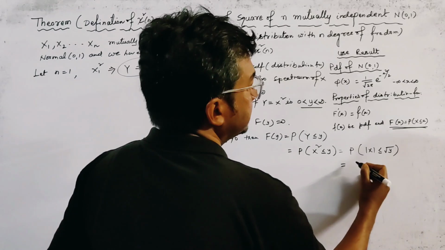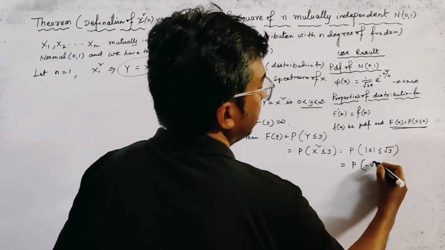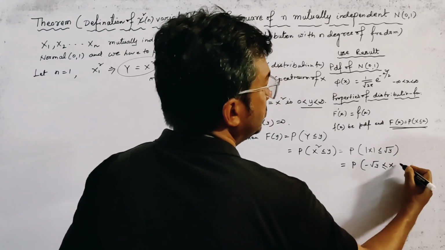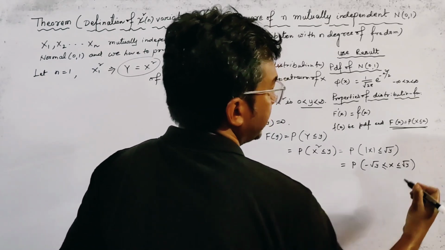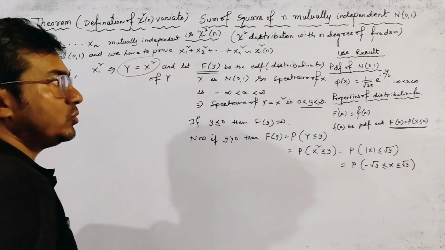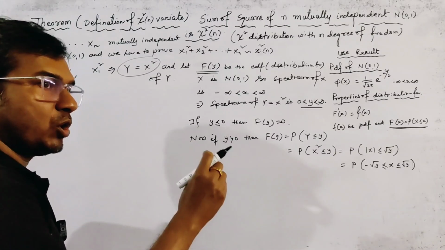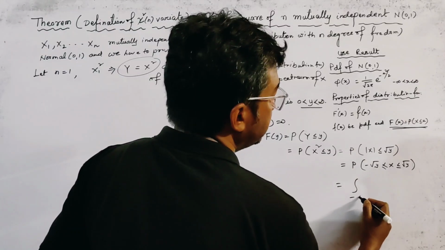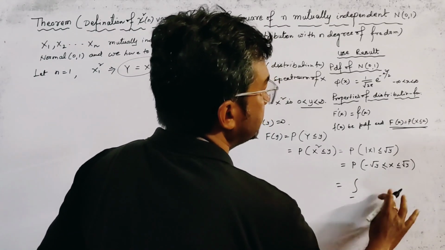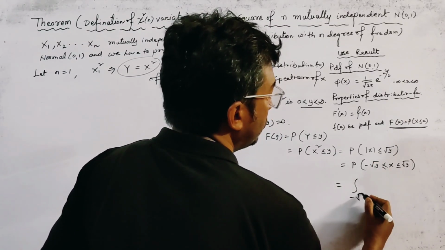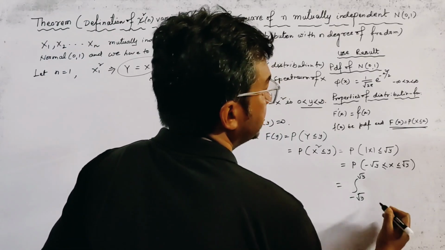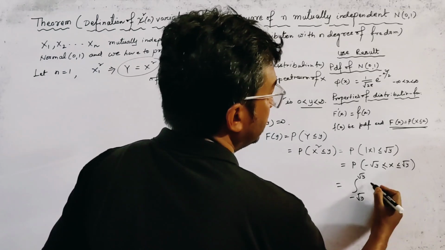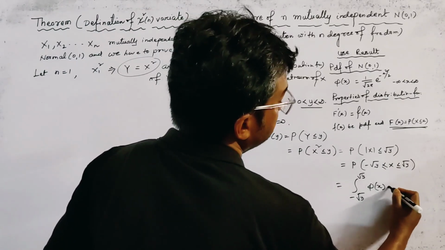And this implies the probability of minus root y less than or equal to capital X less than or equal to root y. Now we use the property of probability, which is the integration from minus root y to root y of phi x dx.